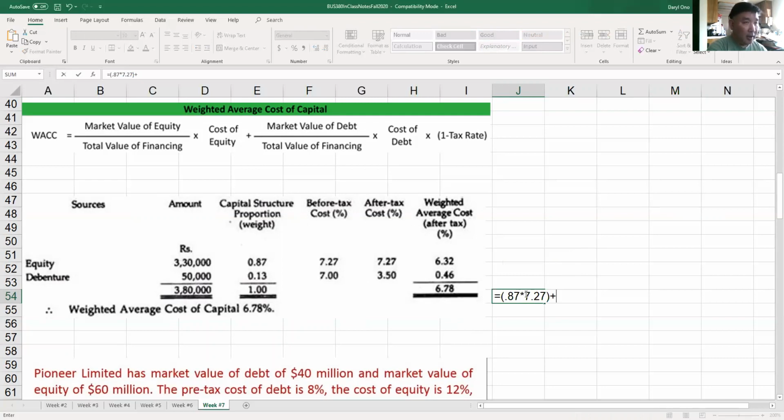Then plus 0.13 times 3.5. So it looks like it's working out okay. This times this is 0.46. I understand. Maybe you're rounding too much. Yes. Okay, and then you'll round this up to 6.78%.